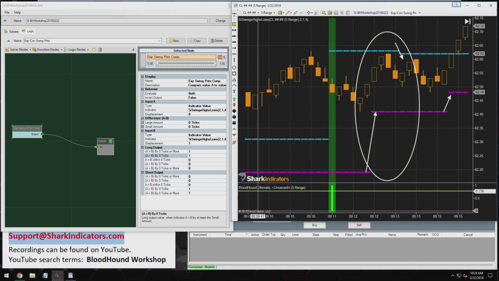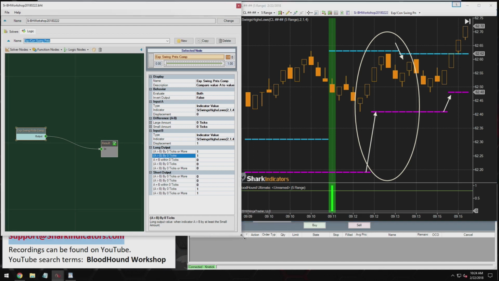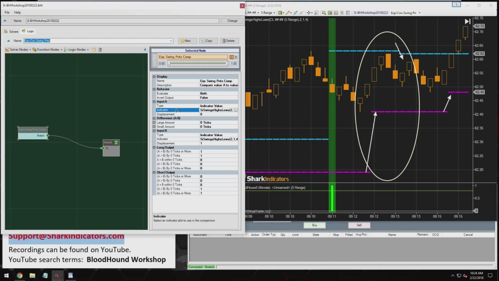Now I'm going to show you a nifty shortcut here. Again, this contraction is almost the same thing as what we have set up in this solver. Input A needs to be our swing high-low indicator. Input B needs to be our swing high-low indicator looking 1 bar back.